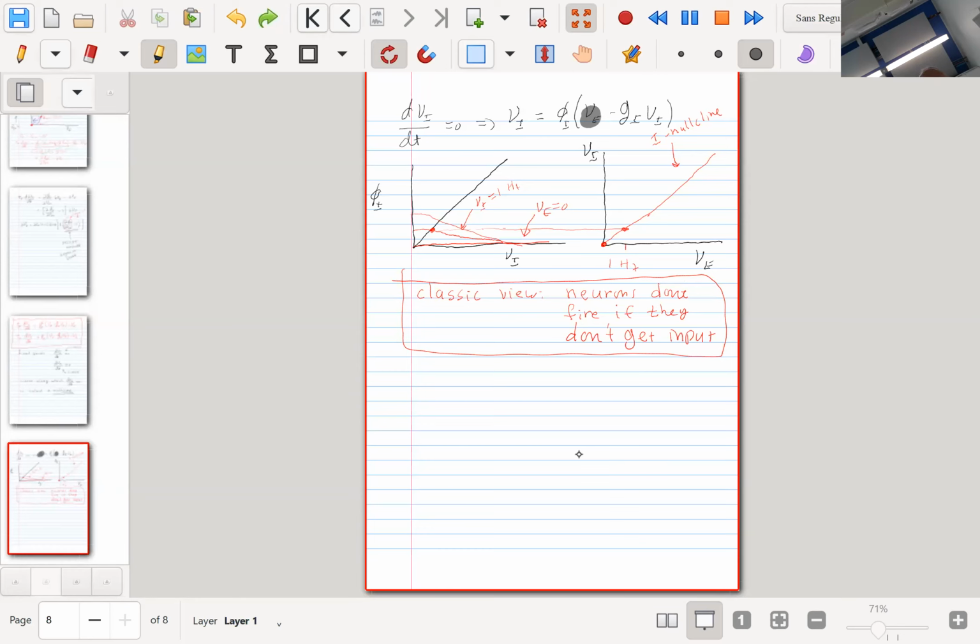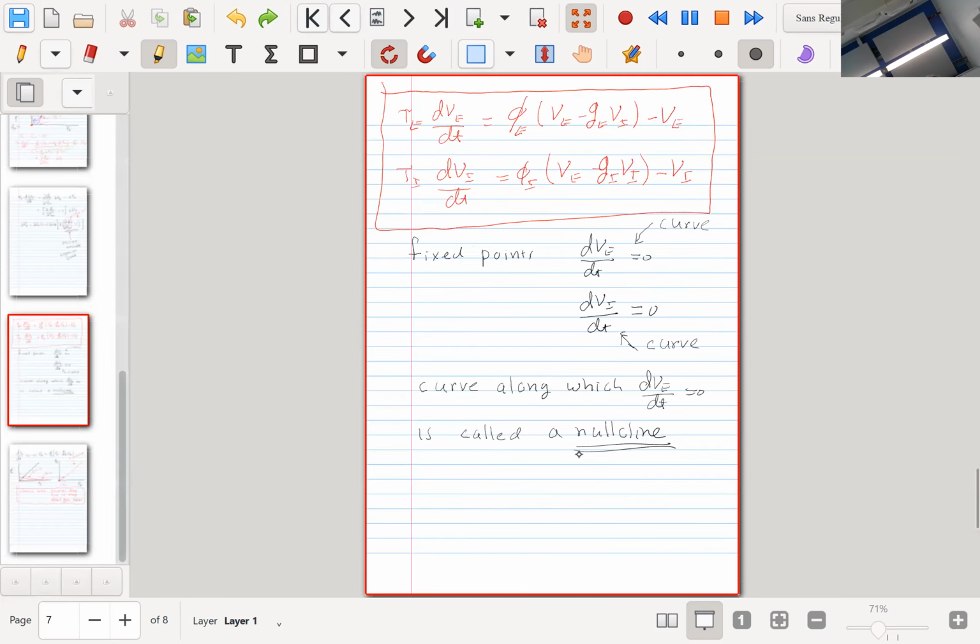There's also something very important about this, and that is dynamics. So if you fix the excitatory firing rate, remember, go back here, d nu I dt is the difference between phi I and nu I. So if nu I is really small, this is going to be positive.